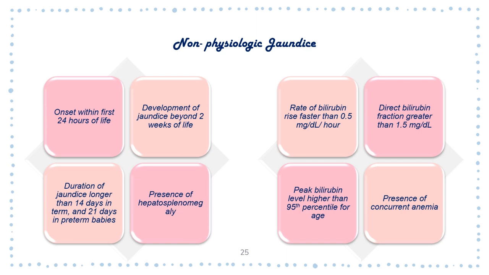Any direct hyperbilirubinemia is abnormal, it is not physiological, but we say that a fraction greater than 1.5 milligram per deciliter. Also abnormal is a peak bilirubin higher than the 95th percentile for age when you are plotting it on the graph, and the presence of concurrent anemia.